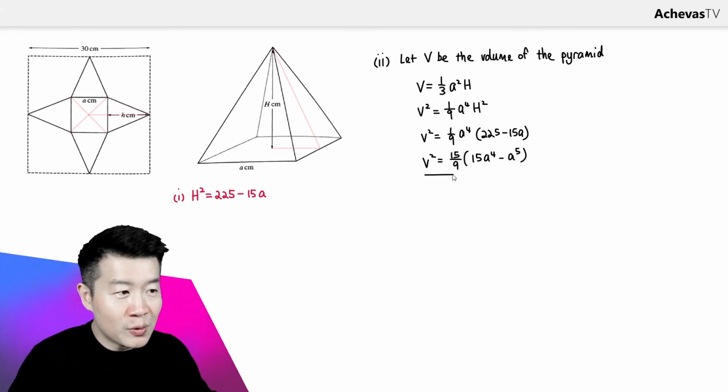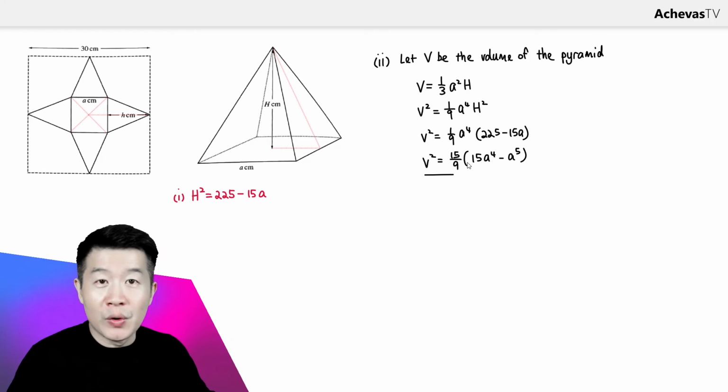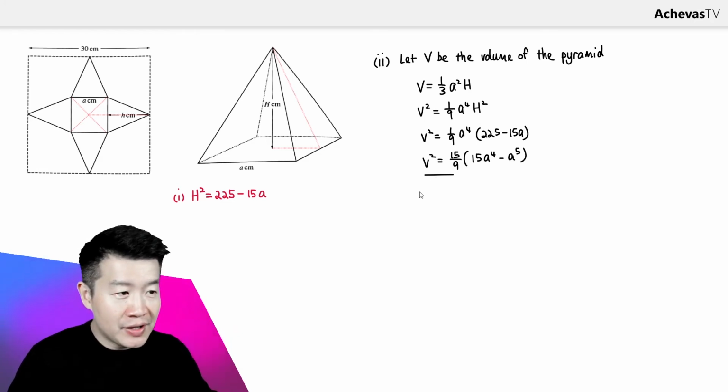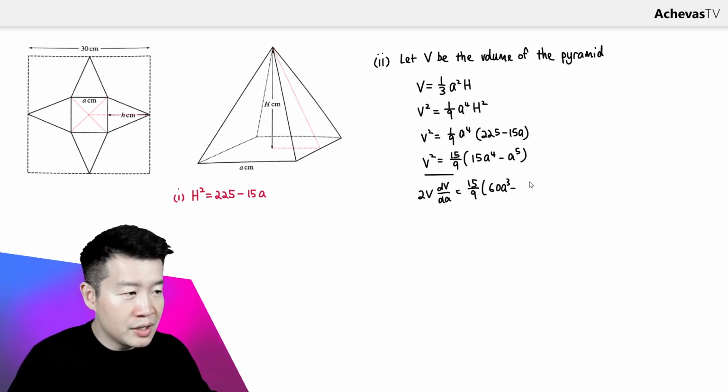This is definitely way easier to differentiate with respect to A. So on the left hand side, implicit differentiation, 2V dV/dA, and on the right hand side, 15 over 9, differentiating this, 60A to the power of 3 minus 5A to the power of 4.